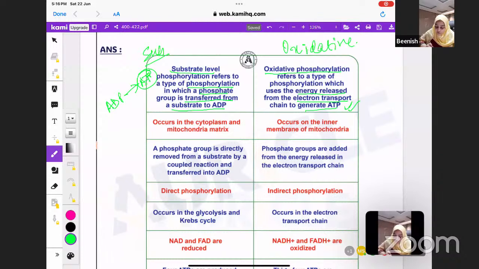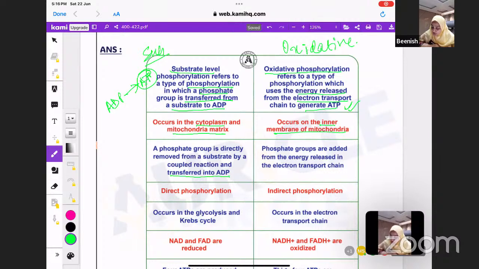So substrate level phosphorylation occurs in the cytoplasm and mitochondrial matrix, whereas oxidative phosphorylation occurs in the inner mitochondrial membrane. Now, in this, a phosphate group is directly removed from a substrate by a coupled reaction and transferred to ADP. Okay.